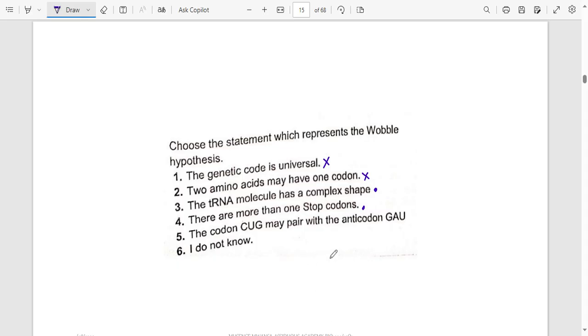Let's get CUG. What does C pair up with? With G. How about U? And then G with the C, right? So let's go on the genetic code.